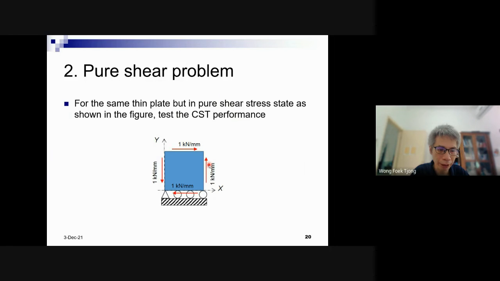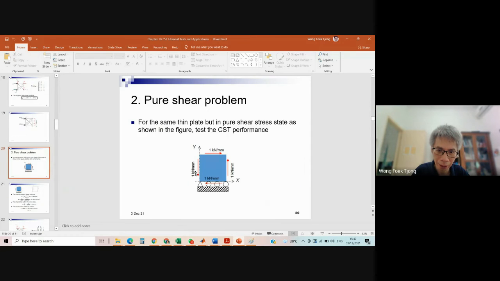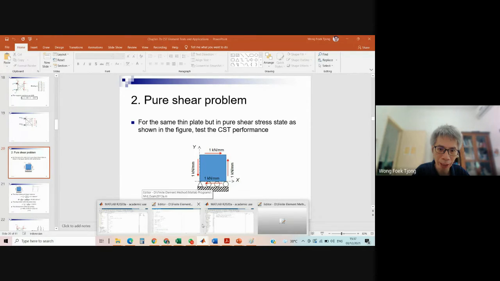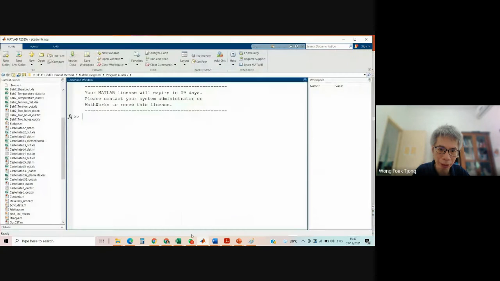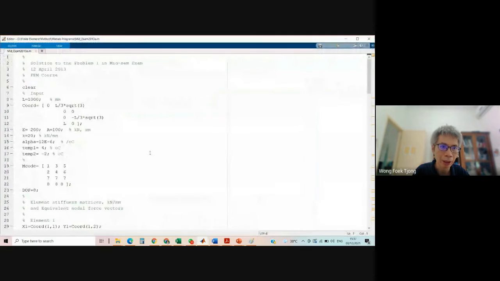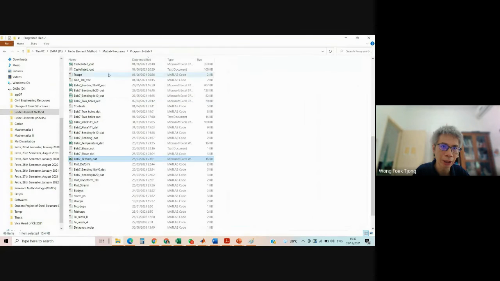Before proceeding to the second problem, the pure shear problem, let me show you that for plane stress and plane strain problems, I have created a computer program in MATLAB. The computer program is all in one folder, a series of programs.